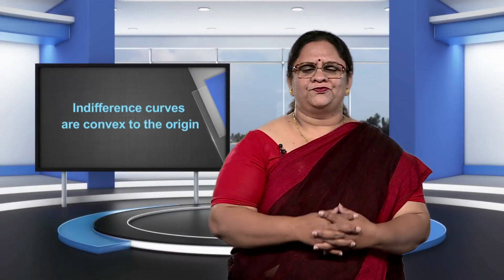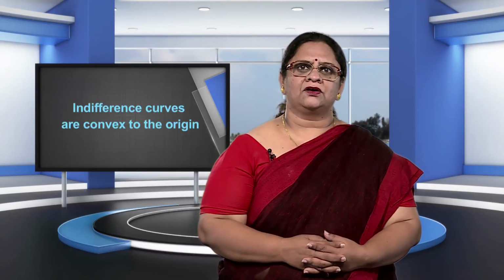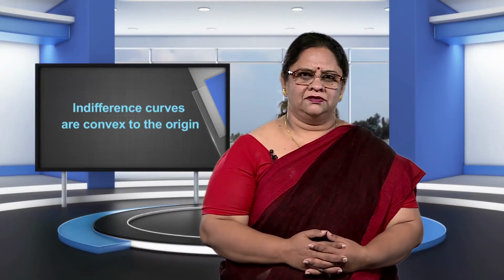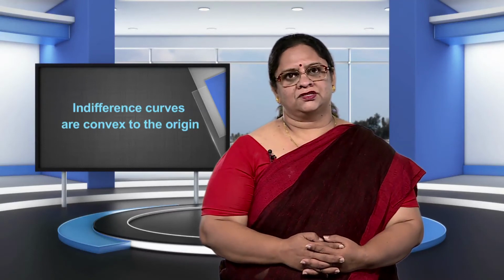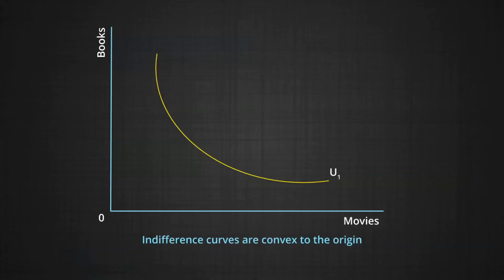The third feature of indifference curves is that indifference curves are convex to the origin. Now, this is a little less obvious. Consider the indifference curve on your screen. At point A, I'm consuming 5 movies and 16 books.